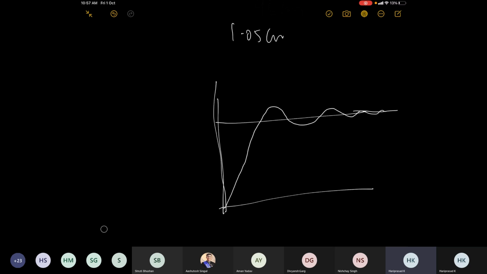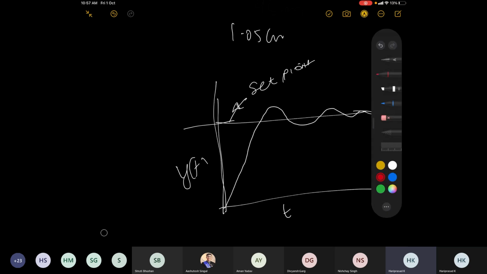Assuming that it is controlled, this is the set point, whatever is desired, and this is the way your y of t behaves with respect to t. If you calculate the error as set point minus y of t, this part is a negative error, and this part is going to be a positive error.